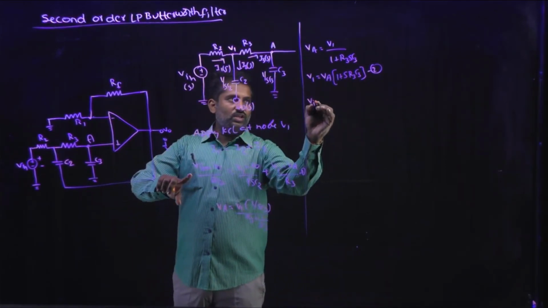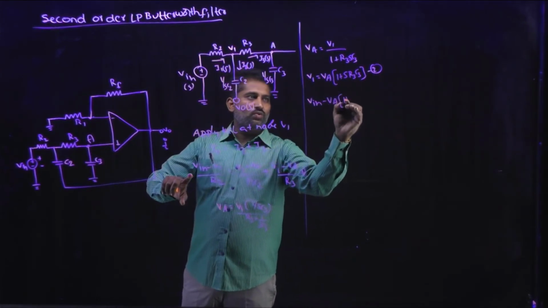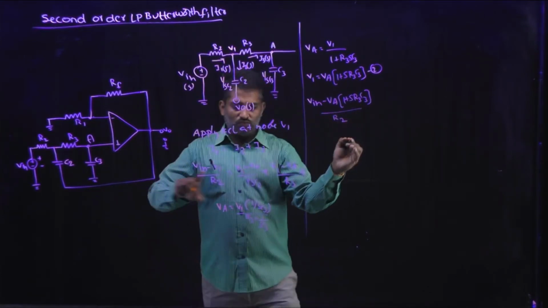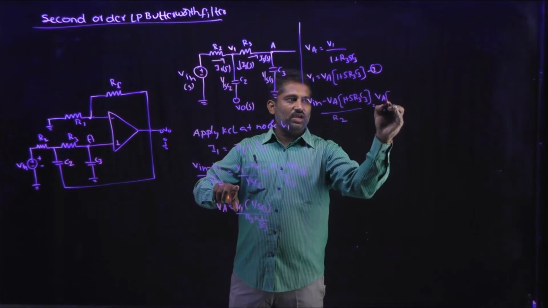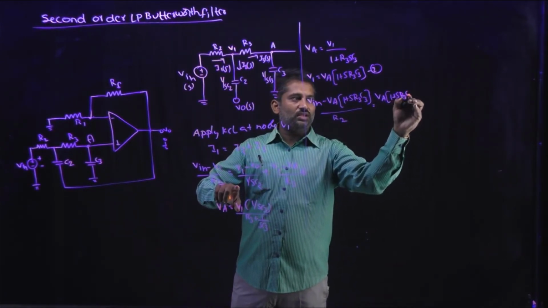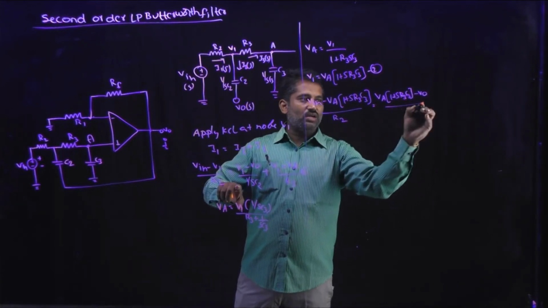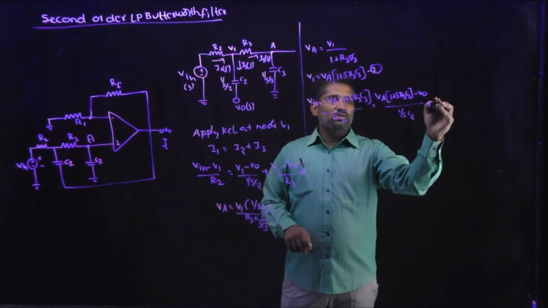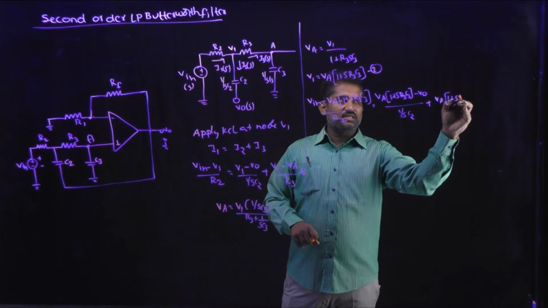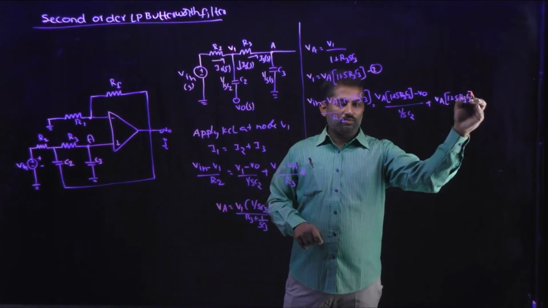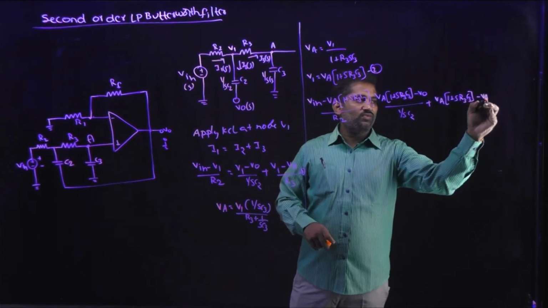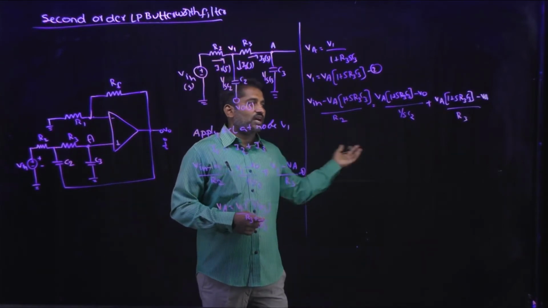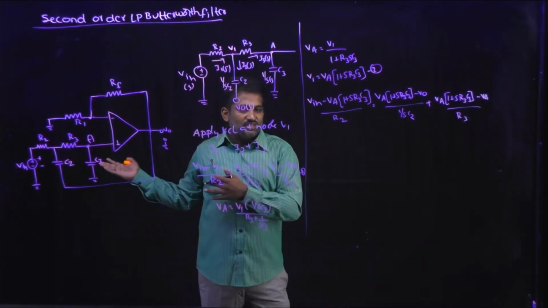This is (Vin minus VA into (1 plus S R3 C3)) divided by R2, which will be equal to V1, meaning VA into (1 plus S R3 C3), minus V0 divided by 1/(S C2), and then plus V1, which is VA into (1 plus S R3 C3), minus VA, divided by R3.